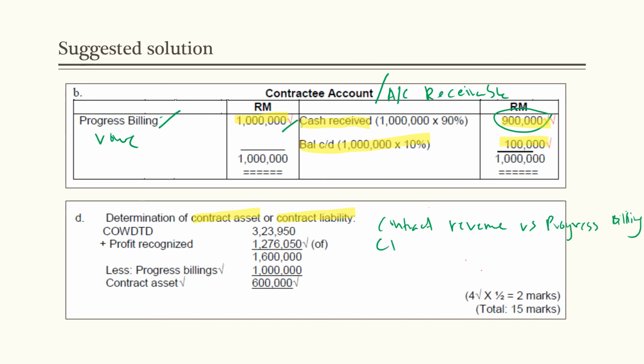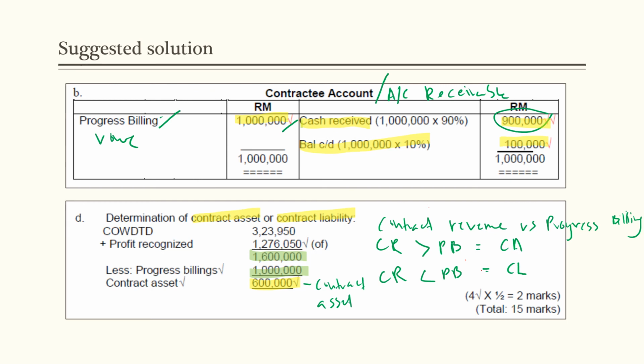In short, when the contract revenue is greater than the progress billing, we will have what we call a contract asset. But whenever the contract revenue is lesser than the progress billing, we will have a contract liability. So based on this calculation, we can see that the contract revenue is 1.6 million while the progress billing is 1 million. Therefore, the extra 600,000 is referred to as contract asset.